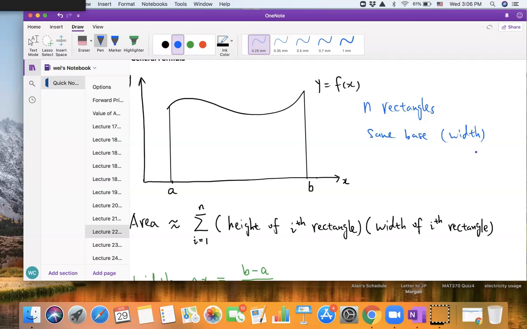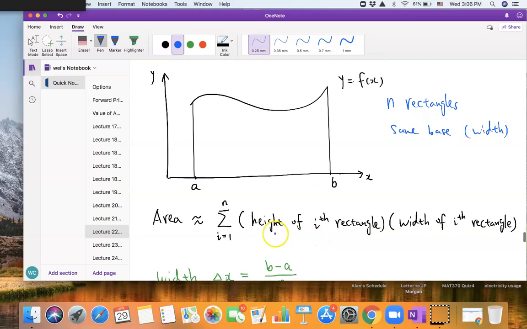If I know the height of each rectangle, then I multiply the height by the width to get the area of one rectangle, and then I add the areas of these n rectangles. The total area of those rectangles will be an approximation to the area of this bounded region, right? So this is the idea we learned before.